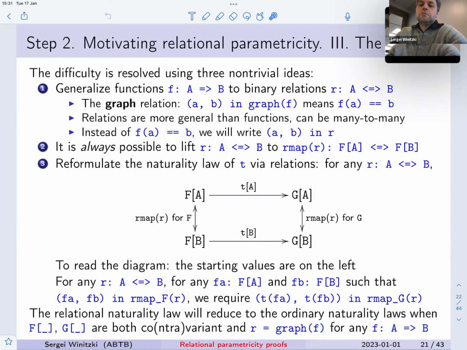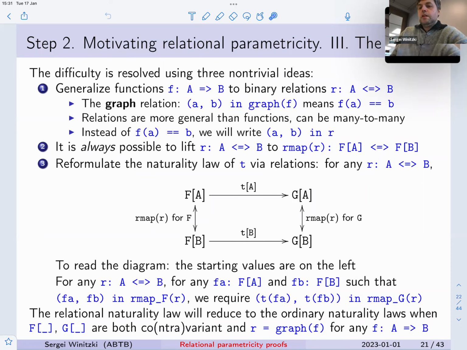So I'll just say relation between A and B to be quicker. So for any relation between A and B, for any value fa of type f of A and fb of type f of B, such that these two values are in the lifted relation RMAP of R, then we require that the results of applying t to these two values, so t of fa and t of fb, must be in the relation RMAP G of R.